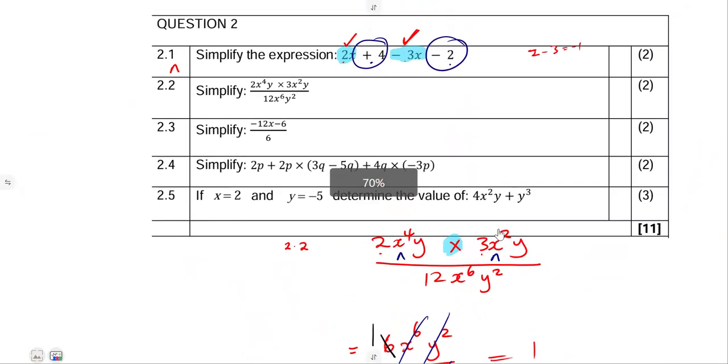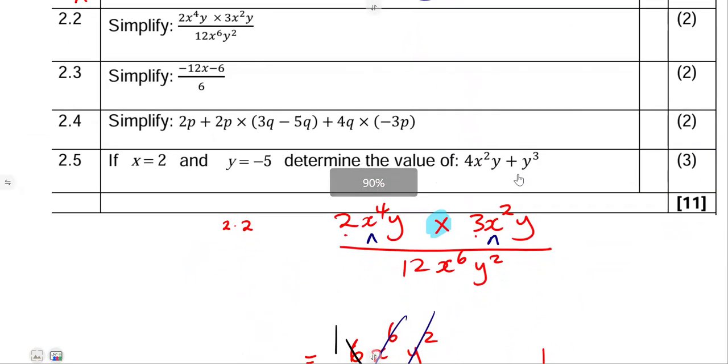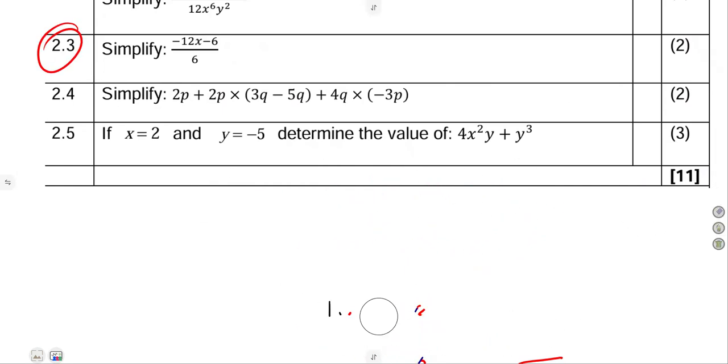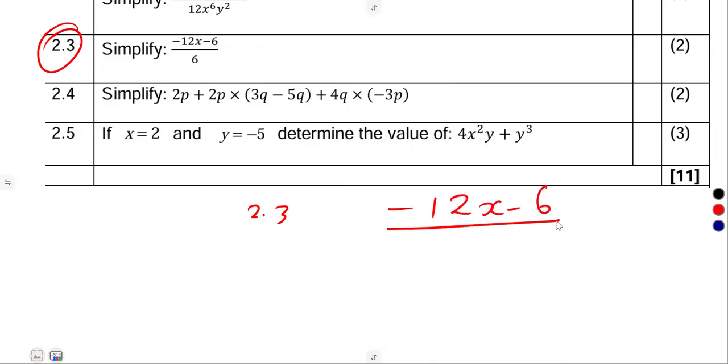Okay, then considering question 2.3, we are asked again to simplify. Simplify 2.3: negative 12x, negative 6, everything over 6. So remember those algebraic expressions where we have addition or subtraction in the numerator, and I said you can simply take this one to 6, then this one to 6.